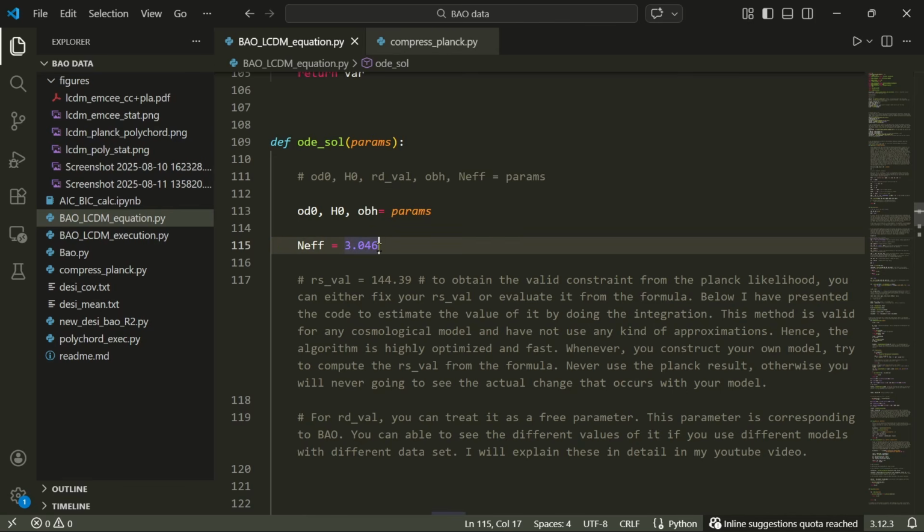Now, if you want to change the early universe physics, you may say that there may be a certain kind of coupling between the photons, or maybe between dark matter and neutrino, or some interaction going on between the neutrino and the baryons, or photon, that can somehow change the structure.